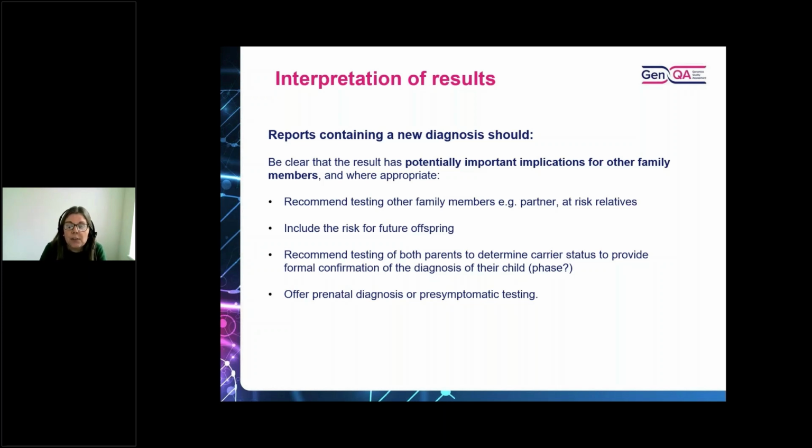Include the risk for future offspring, or recommend testing of both parents to determine carrier status, particularly for autosomal recessive disorders, where 2 variants have been detected, to ensure that you can confirm the diagnosis in their child, and also think about offering prenatal diagnosis or pre-symptomatic testing. But again, all of this is subject to local recommendations and guidelines that different countries may have.